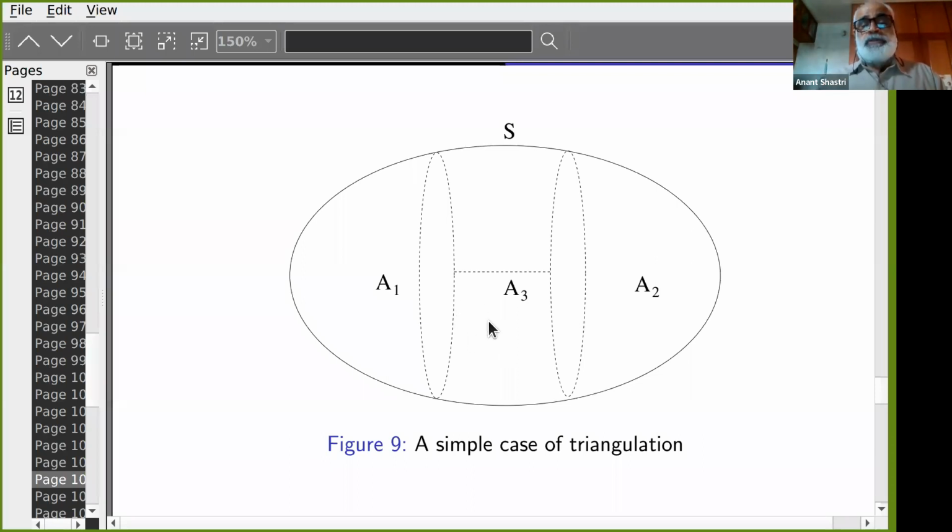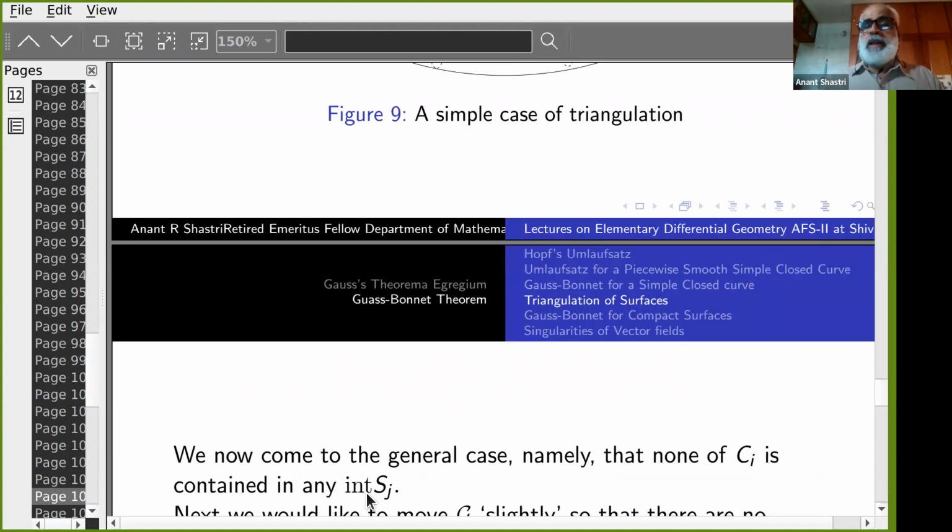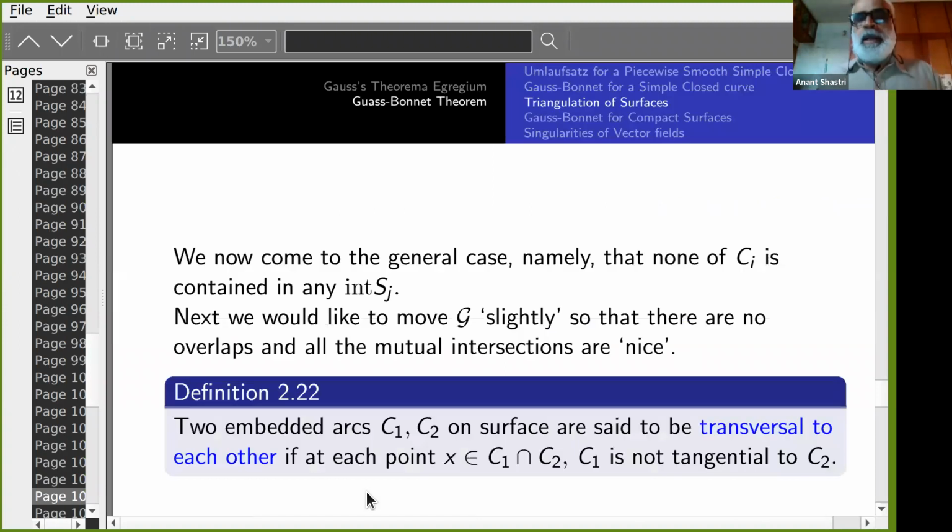So the simplest case, when one of the Ci is contained in one of the Sj, is taken care of. Now let us come to the general case. What is the general case? None of the Ci is contained in the interior of any of the Sj.